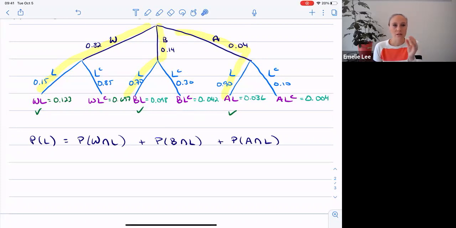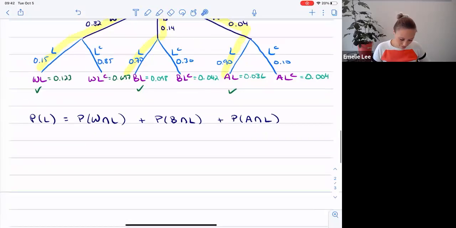You link these with ands down each branch, and that's why you multiply down each branch. But when you can be white and lactose intolerant, or black and lactose intolerant, or Asian and lactose intolerant, that's when you link them with addition. So overall, to get the probability of just being lactose intolerant, we can add up these probabilities.